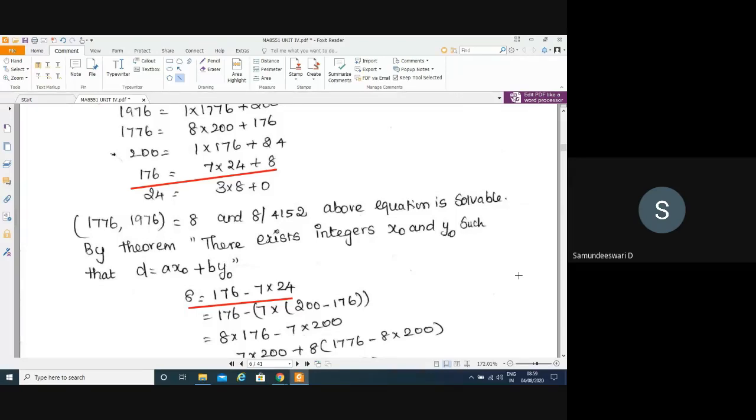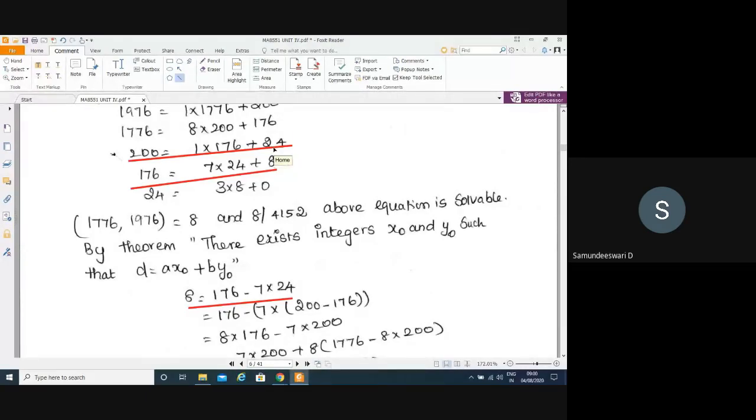Again 176 keep as it is, minus 7 into the next previous step. So 24 equal to: write down the remainder equal to the remaining terms. What is the remainder here? In the previous step, 24 is the remainder.